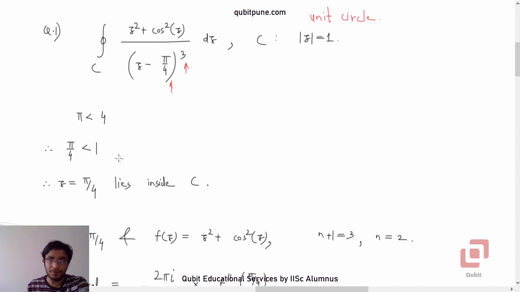Of course pi by 4 is a number less than 1 because pi is less than 4, so clearly mod of pi by 4 will be less than 1, so the point z equal to pi by 4 lies inside C. So we cannot really apply the Cauchy's integral theorem, but we can still apply the modified version of the Cauchy's integral formula.